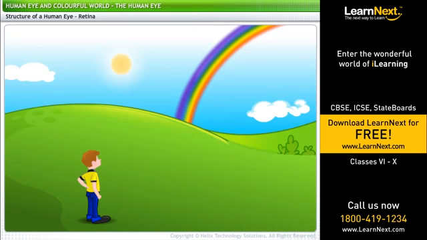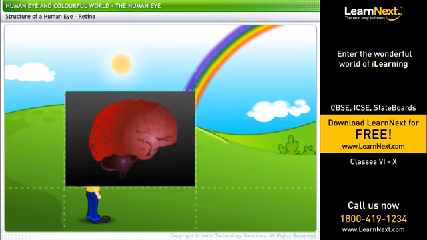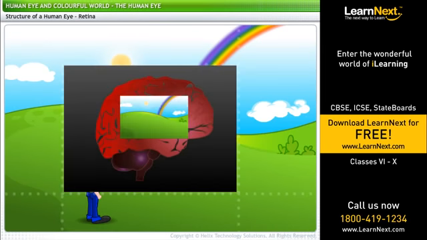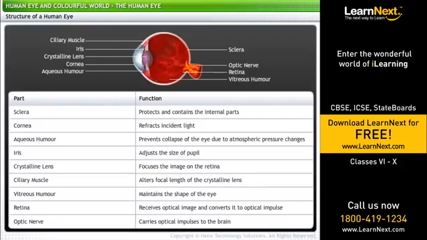The brain then interprets these signals to an image of the object viewed through the eye. That's how the eyes help us to see. Here is a quick summary of the various parts of the eye and their functions.